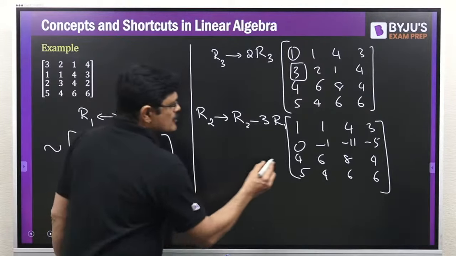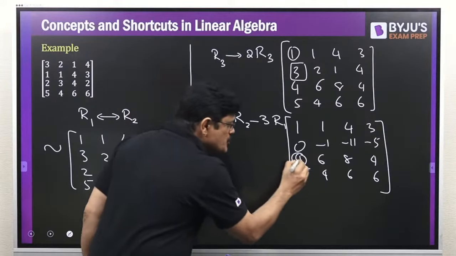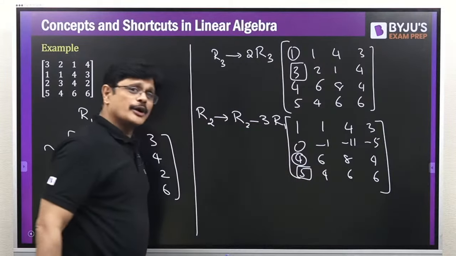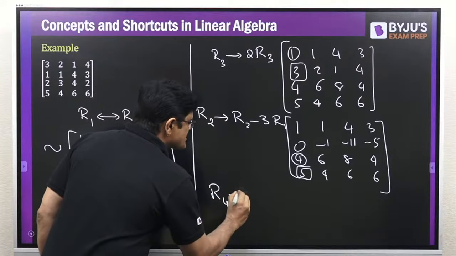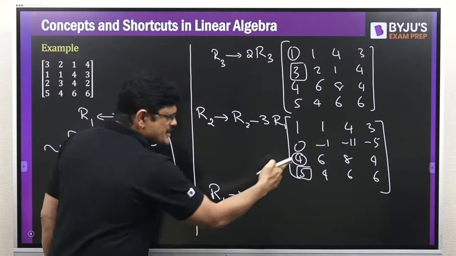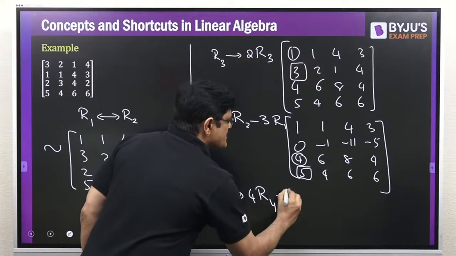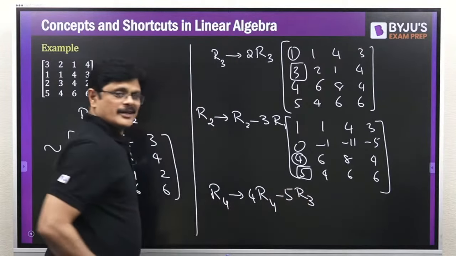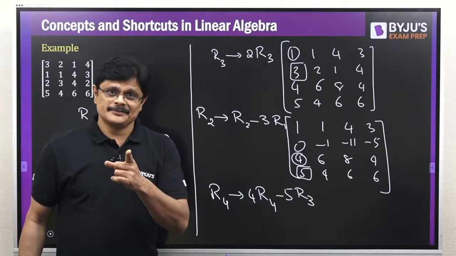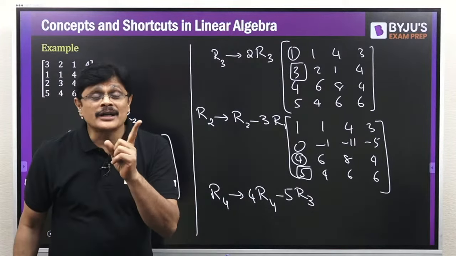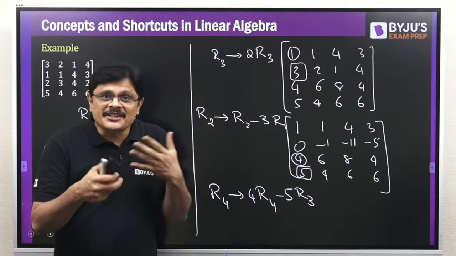Now sometimes the leading entry is not 1, but using it you want to make another entry equal to 0. How can you make it equal to 0, my dear friends? Simply R4 becomes 4 times R4 minus 5 times R3. This type of row operation you can also do, but it is actually not a first, second or third type of row operation, it is a mixture.